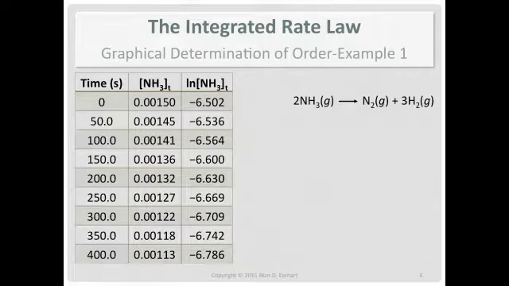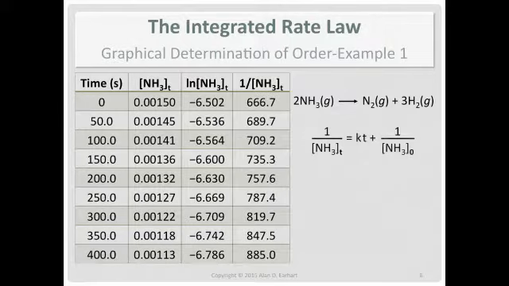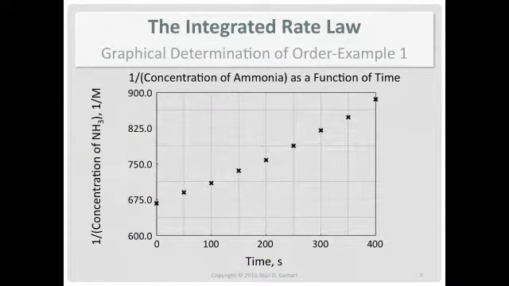Let's now look at it using second order kinetics. And to do that, I need the reciprocal of the concentrations. Now there's the mathematical relationship for second order kinetics. And we plot the reciprocal concentrations as a function of time. Does that look linear?